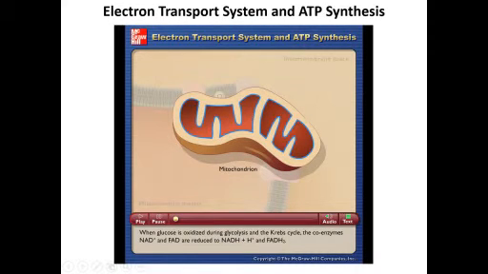Ignore the fact that this video is talking about the mitochondria, because what's actually taking place is in the cell membrane of the bacterial cell. But here, the mitochondria is being used as the example.